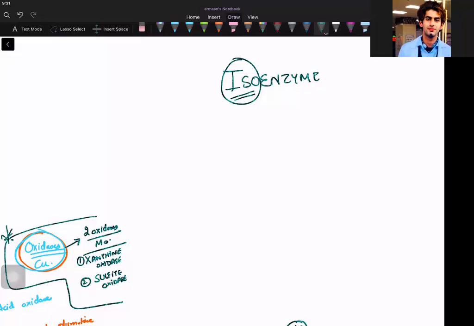Isoenzymes means we have a physical distinction in the forms of enzyme, but they are catalyzing the same biochemical reaction. The biochemical reactions are the same, but the enzymes are physically distinct.